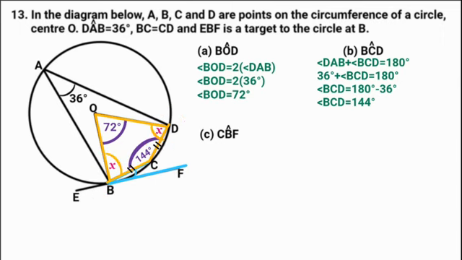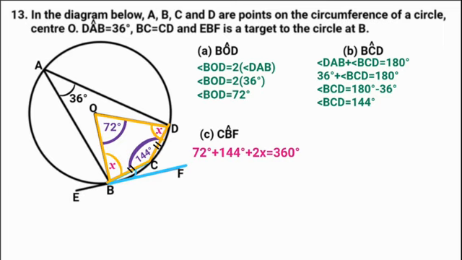So we can say 72 degrees plus 144 degrees, then we combine those 2, there are 2x's, so we write plus 2x is equal to 360 degrees. 360 degrees is the sum of interior angles of a quadrilateral.